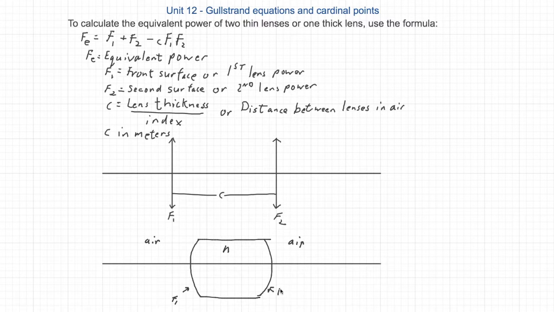F2 is the power of the second surface. And the thickness of the lens is D, and D divided by N equals C in the formula.